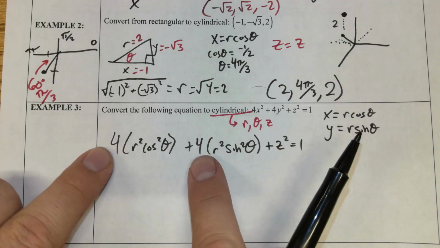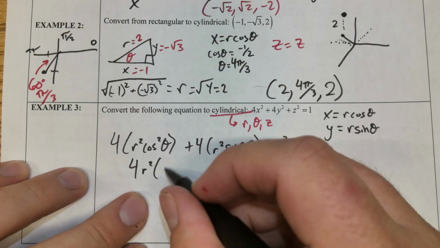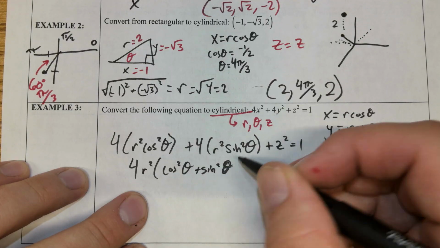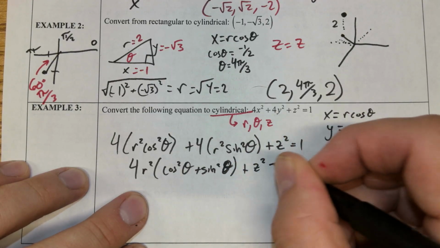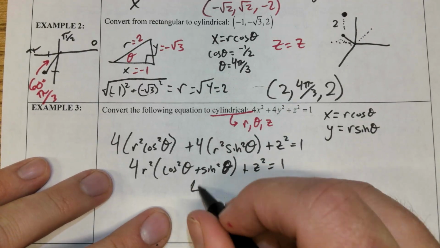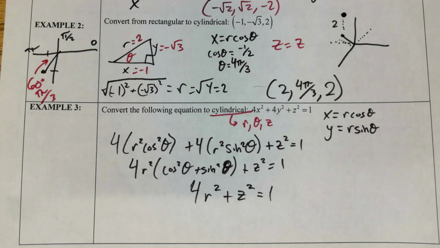Keeping on with this, I can factor out the 4s, factor out the r squareds, and use a little Pythagorean identity to simplify this guy down to its final resting place. Sine squared plus cosine squared is 1. So I just get 4r squared plus z squared is 1.